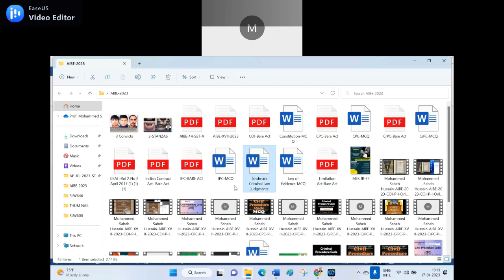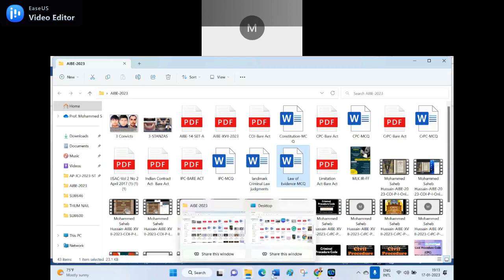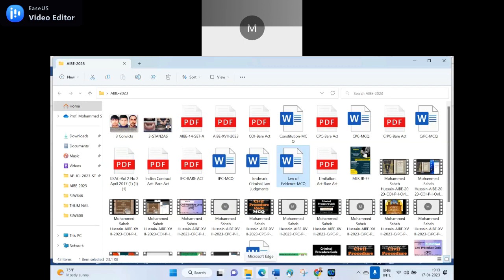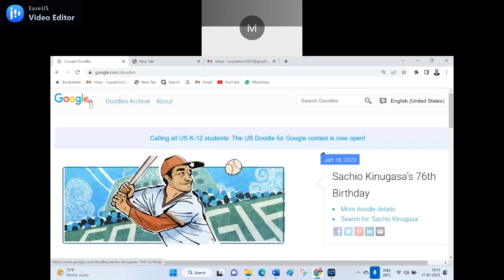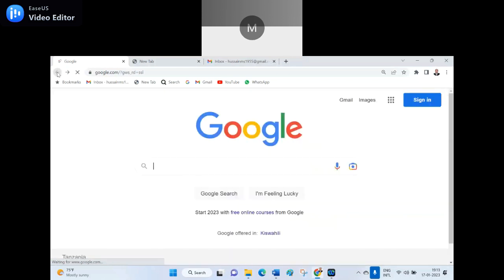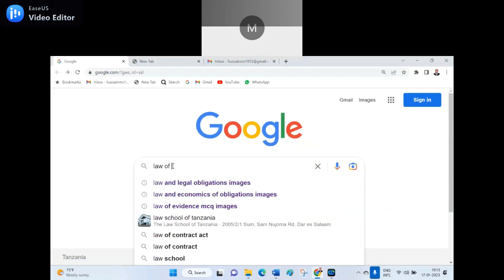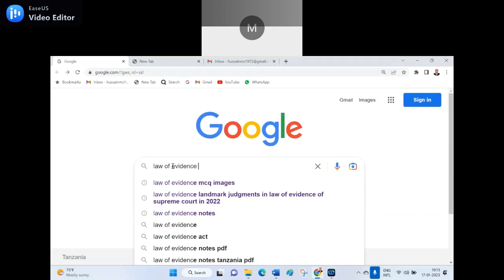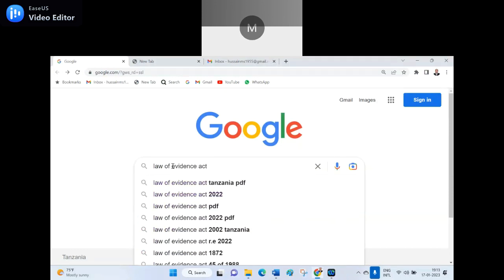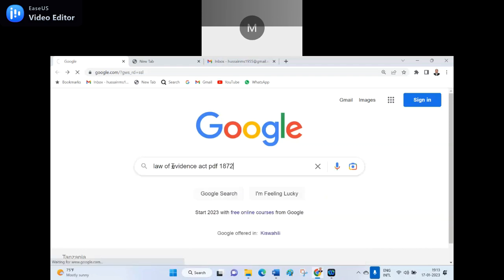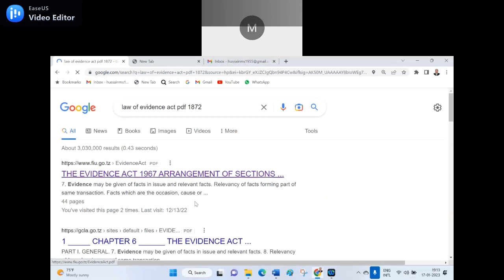Limitation. It's not here. I already put it somewhere. Okay, now I can make it out. I can download it. No matter. Law of Evidence Act PDF 1872. I already downloaded it, but I don't know in which place I kept it.